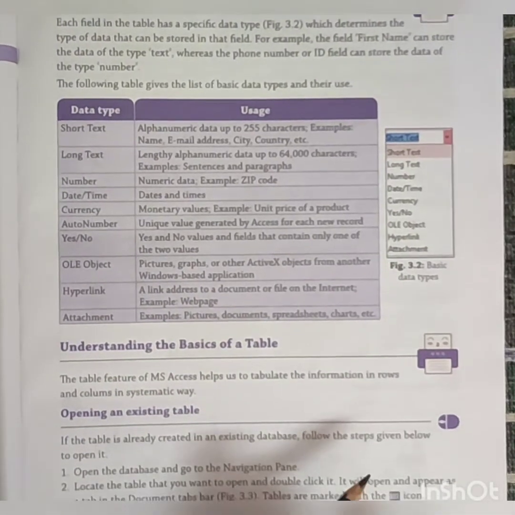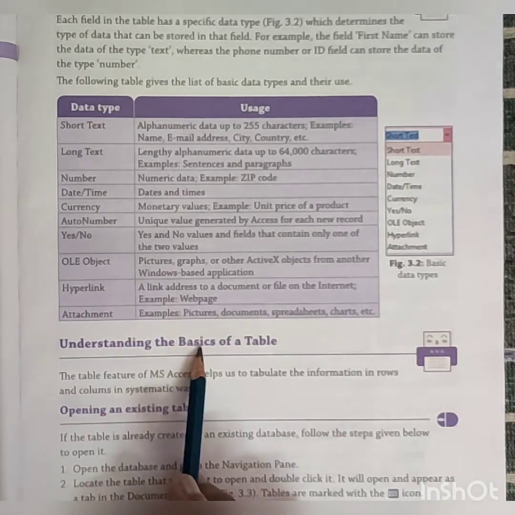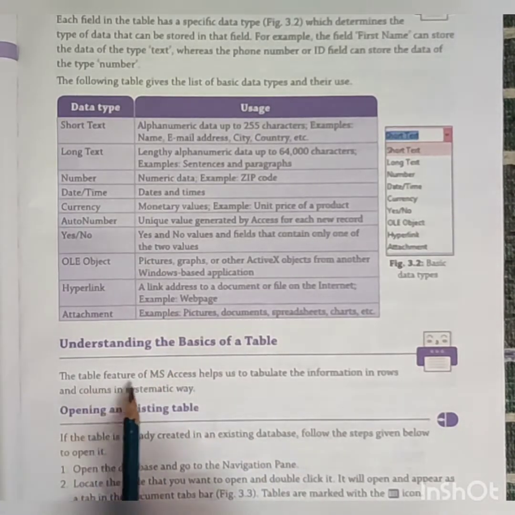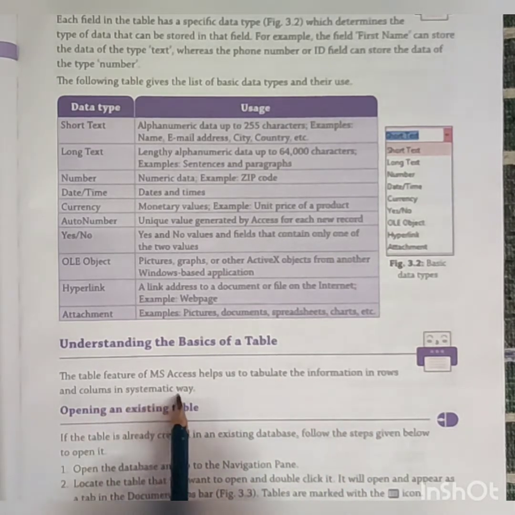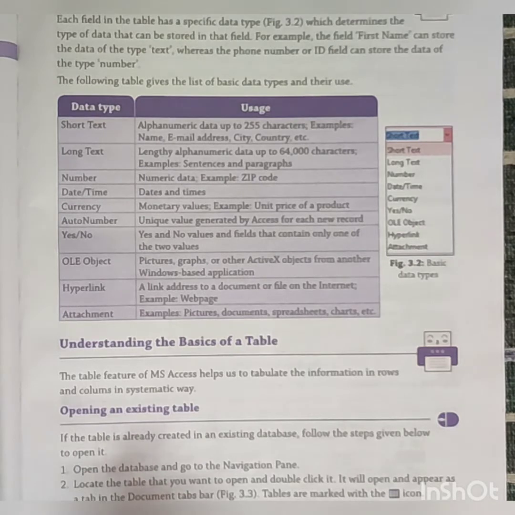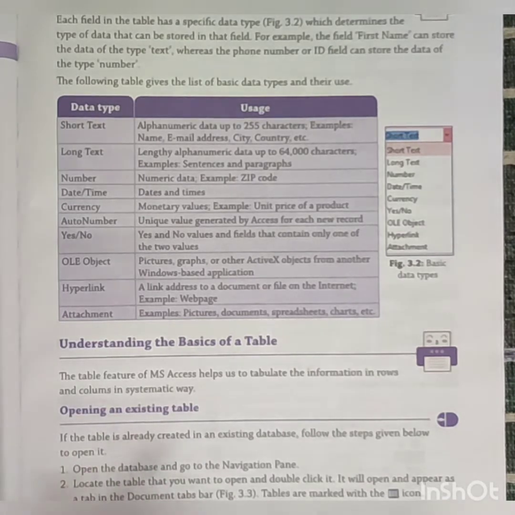Next, understanding the basics of a table. The table feature in MS Access helps us to tabulate information in rows and columns in a systematic way. So what is the importance of having a table in MS Access? The required information that we get, we will insert or establish in rows and columns format, that means in a systematic tabular format.